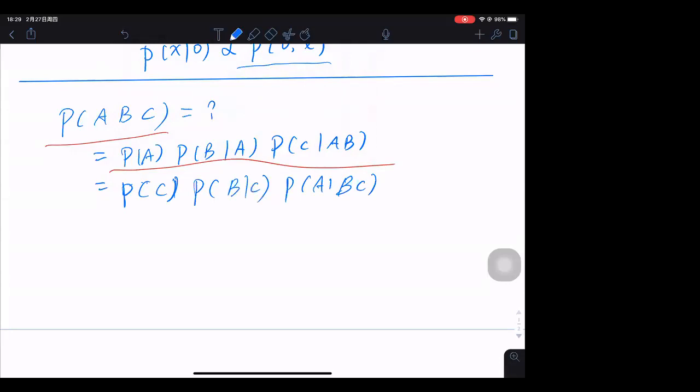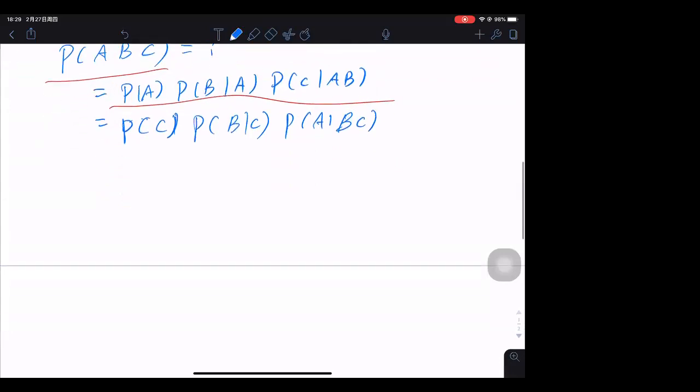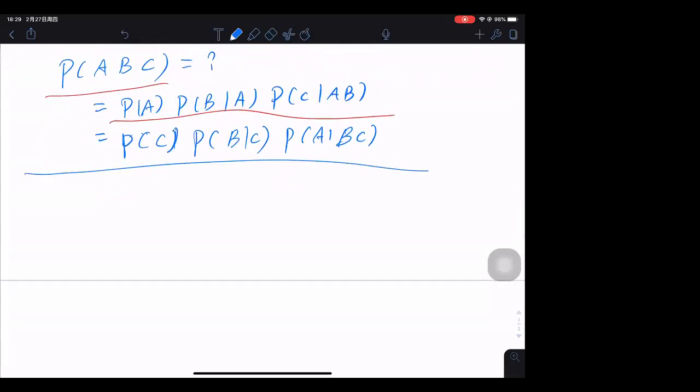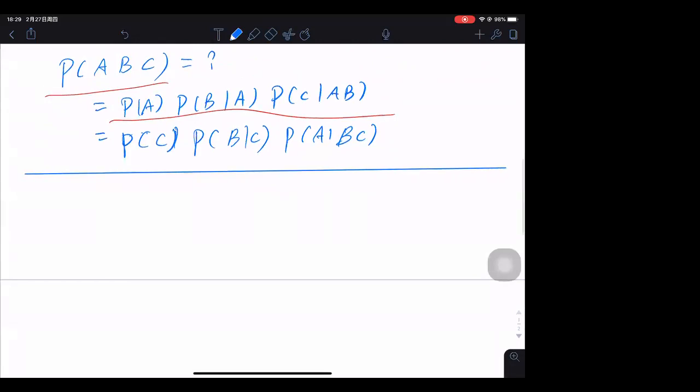Okay, and here I want to give you a quick recipe, very easy. It's quite useful if you are writing a paper or doing a paper review. It's very easy to see whether some equation is correct or not. It basically requires some balance between the left side and right side of your equal sign. So let's say we have P(A,B,C,D), and we want a full decomposition of this joint distribution.